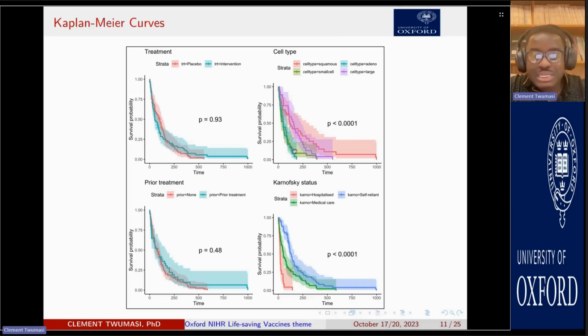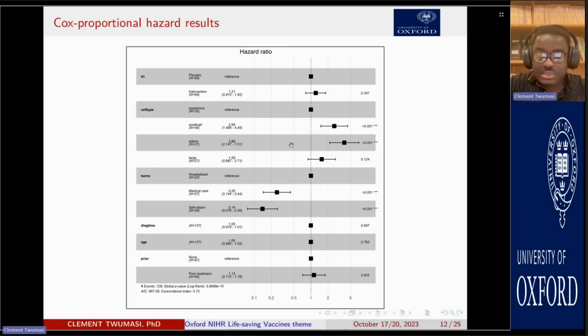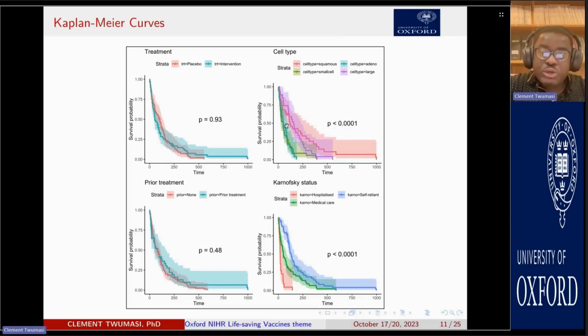Some could have intersections, but if you look at two curves that intersect, there will be no difference between their survival curves, right? But if you look at these ones, specifically the small cells and the adeno cells.